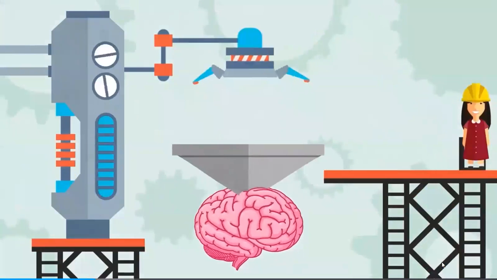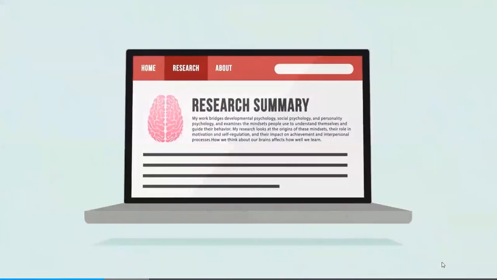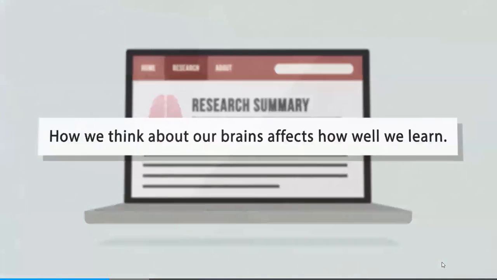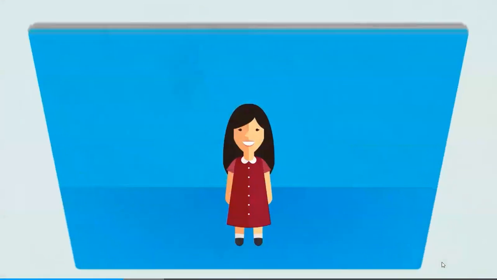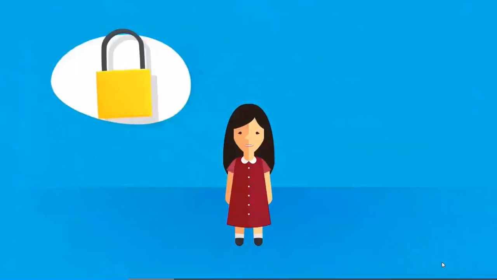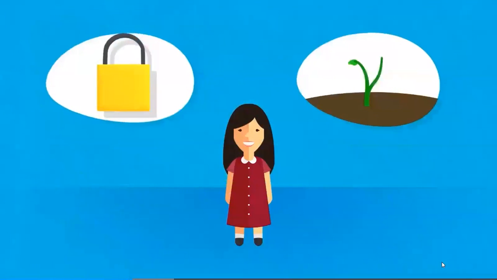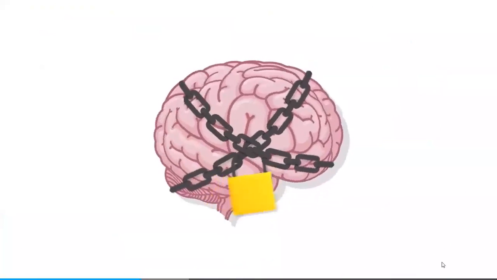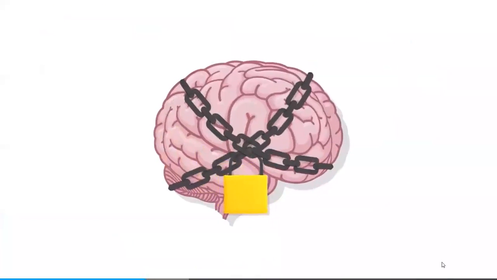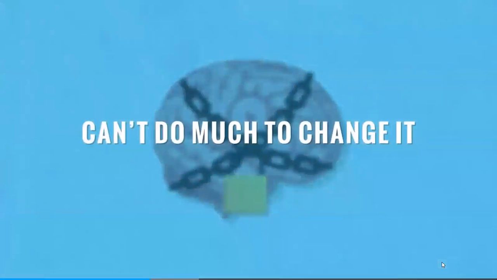level of intelligence? According to Stanford University psychologist Carol Dweck, how we think about our brains actually affects how well we learn. Dweck says that people generally think with one of two different mindsets, a fixed mindset or a growth mindset. People with a fixed mindset believe that their intelligence is fixed at birth and they can't do much to change it.